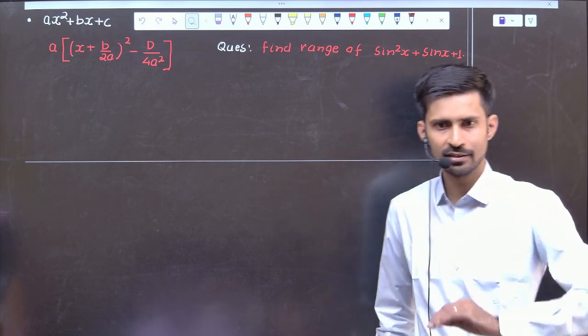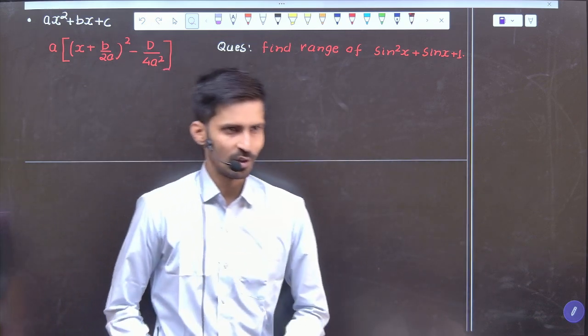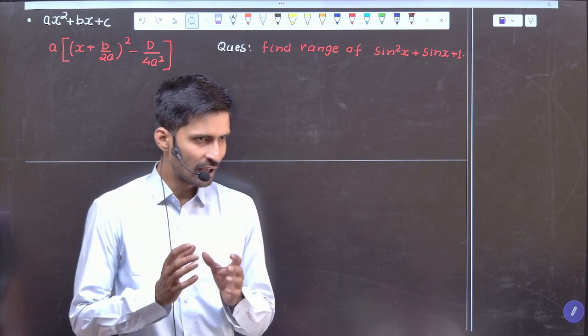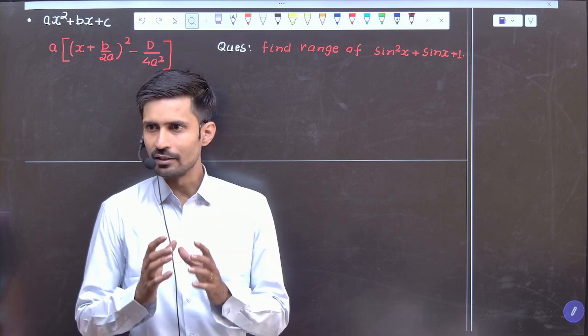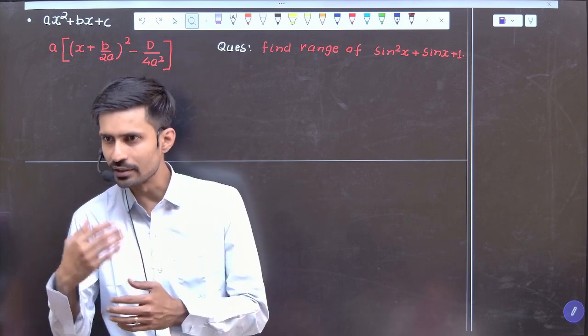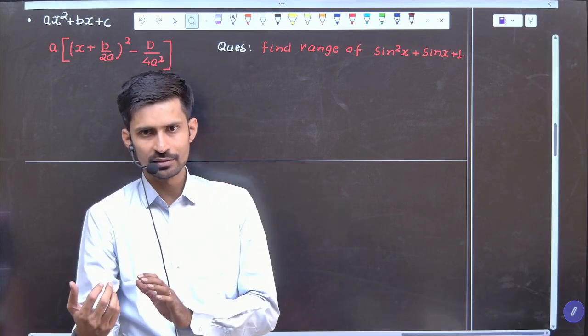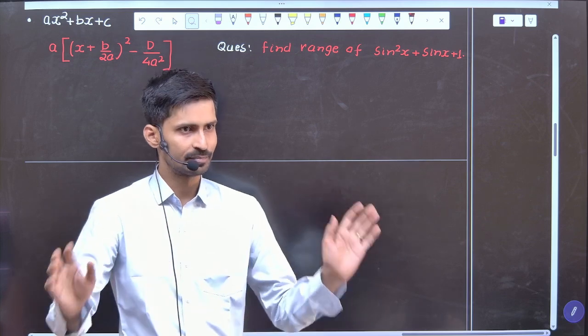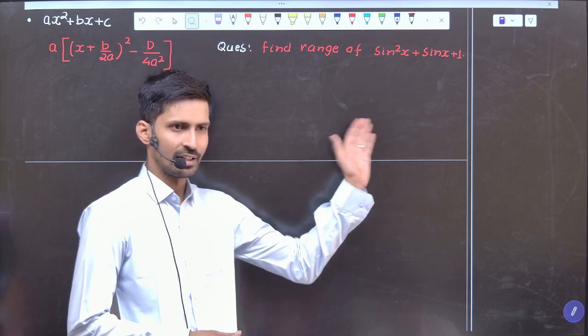Let's generate thinking on this. First of all, we will see the problem, what is the problem inside it. Then we will discuss the solution. Then we will bring our theory to remove the problem. So first, we have to find a range here.